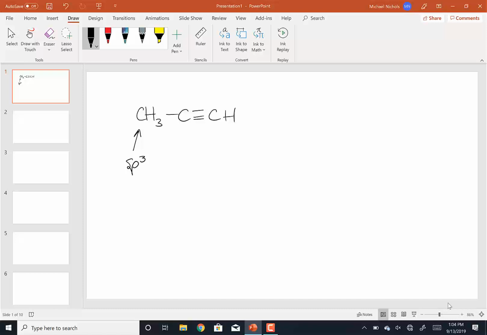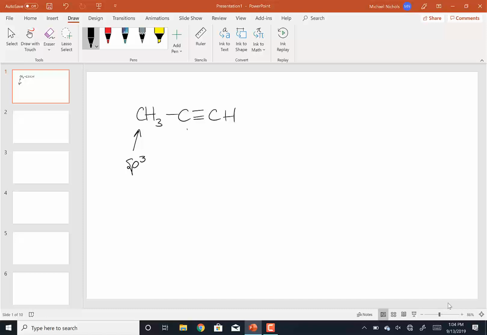Does everybody know where the sp3 comes from? I don't. Somebody tell me. How do you get sp3? Okay, it's got 4 sigma bonds, no lone pairs. That means it's got 4 hybrid orbitals. How do we get 4 hybrid orbitals? sp3. Okay.